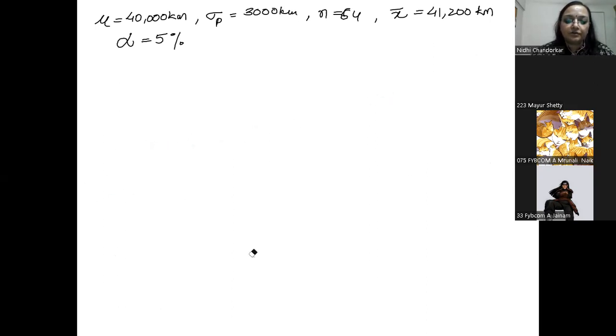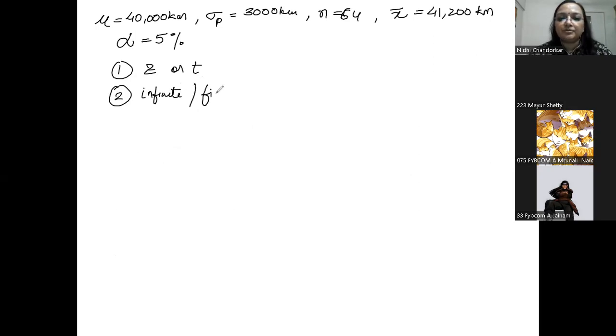So first of all, पहला question है, is it a Z-test question or T-test question? Second question is, are we going to use infinite population formula or finite population formula? And the third most important question is, is it a one-tailed test or two-tailed test?